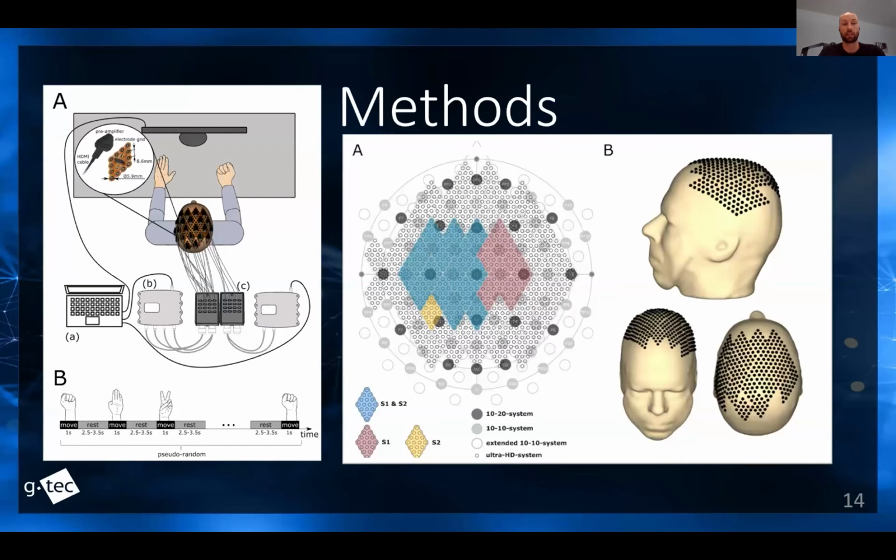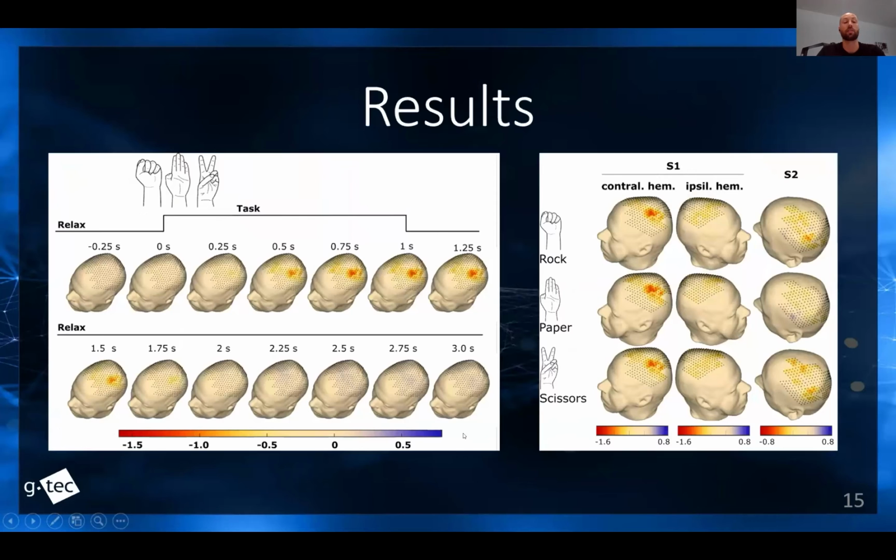So here you can see the coverage, just shortly, central and also on one hemisphere, on the contralateral, of course. And you can see here the topography plots of this investigation with the timing and the task onset of all the 3 gestures, and for subject S1 and S2.